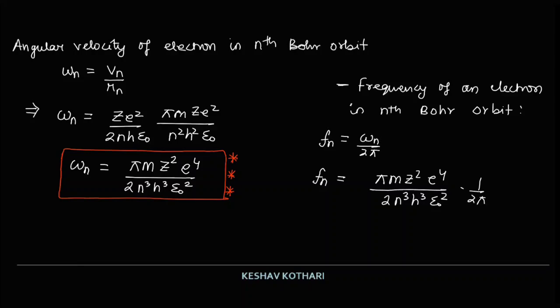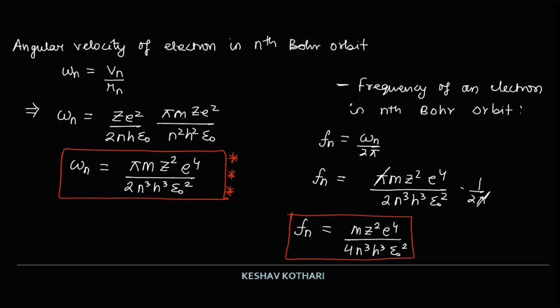So pi and pi will cancel out and we get frequency for the nth Bohr orbit as m z square e to the power 4 upon 4 n cube h cube epsilon naught square. So this is the frequency for the nth Bohr orbit.